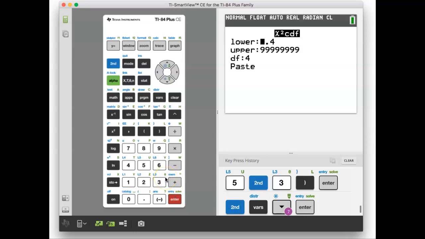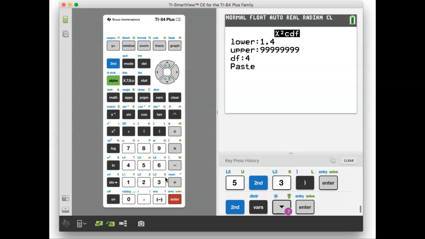It's going to ask for your lower boundary. This is your test statistic. So for us, that's 10.31. Your upper boundary is just going to be infinity. There's no infinity button on your calculator, so you'll use a bunch of 9s. And then your degrees of freedom.